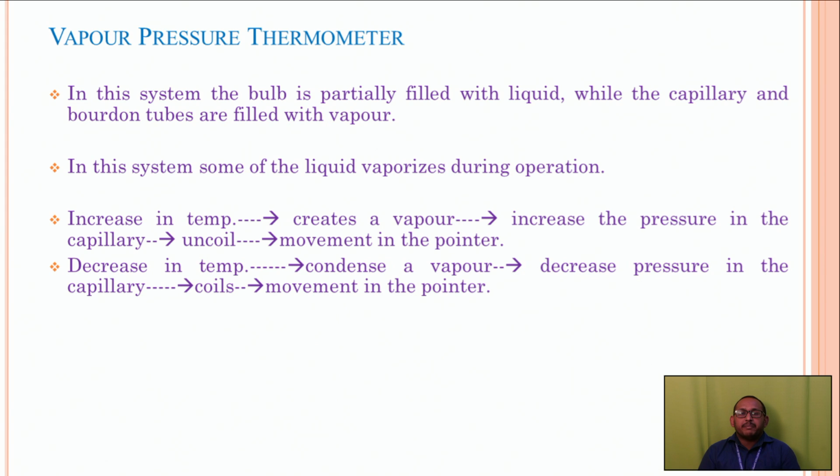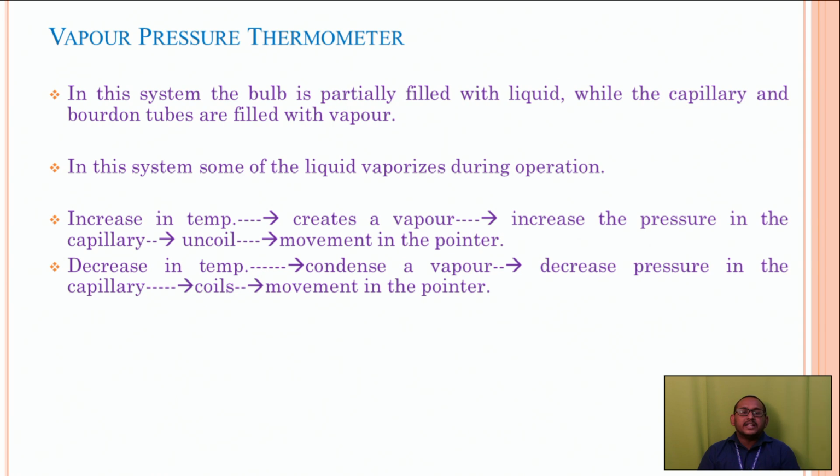The increase in temperature creates vapor and increases the pressure. Based on that, the pressure increases in the capillary tube, the coil uncoils, and the pointer moves, so that the scale measures the temperature currently available.